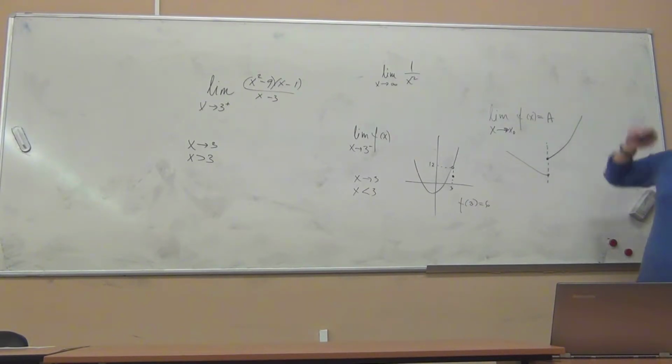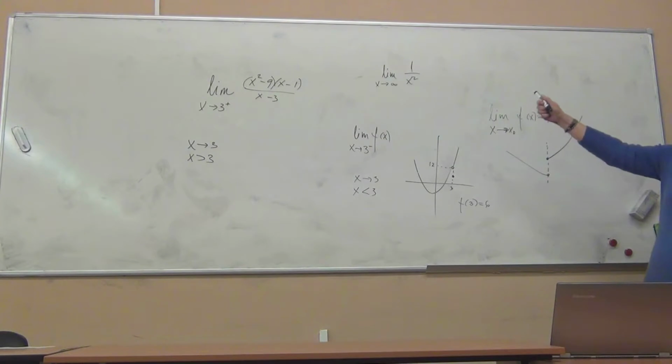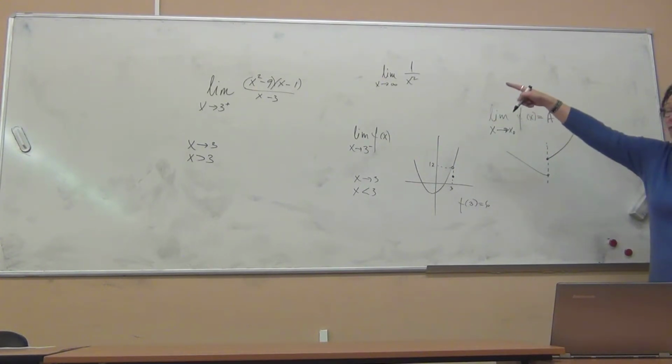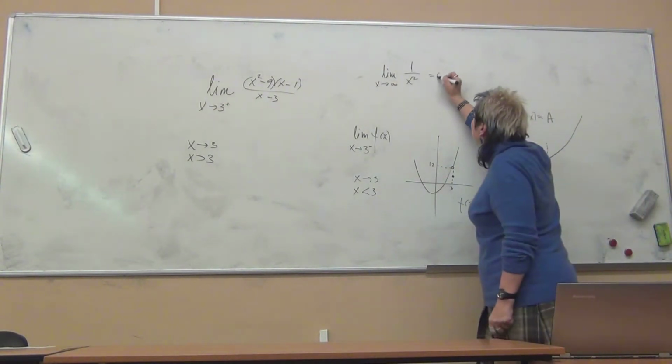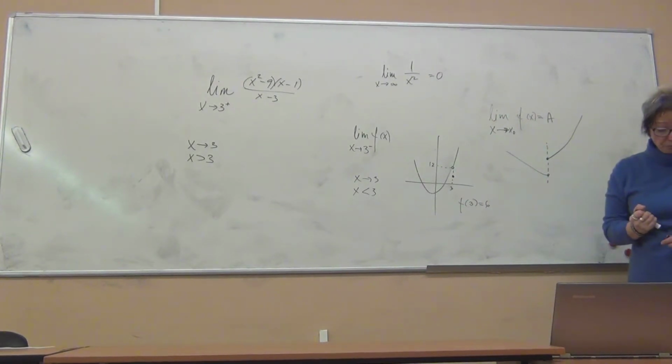And the larger number it is, the smaller number I get for the quotient. And so for very large values of x, obviously the values of this quotient will be very close to 0. So 0 is the limit of this if x tends to infinity.